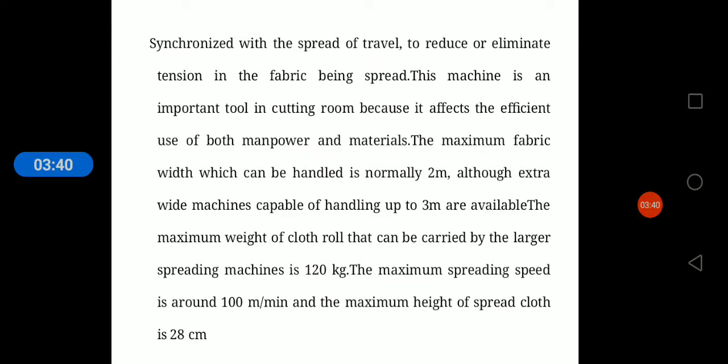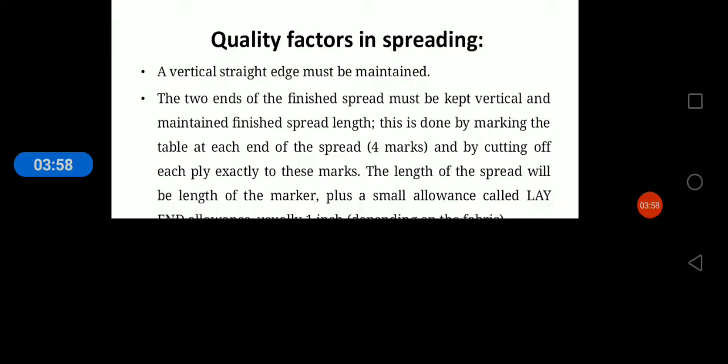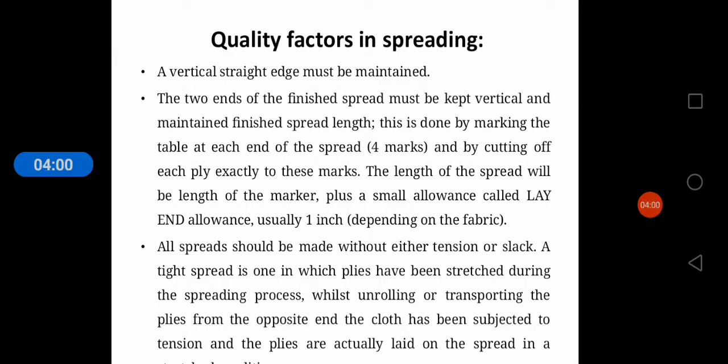The maximum weight of the cloth roll that can be carried by the larger spreading machines is 120 kgs. The maximum spreading speed is around 100 meters per minute, and the maximum height of the spread cloth is 28 centimeters.